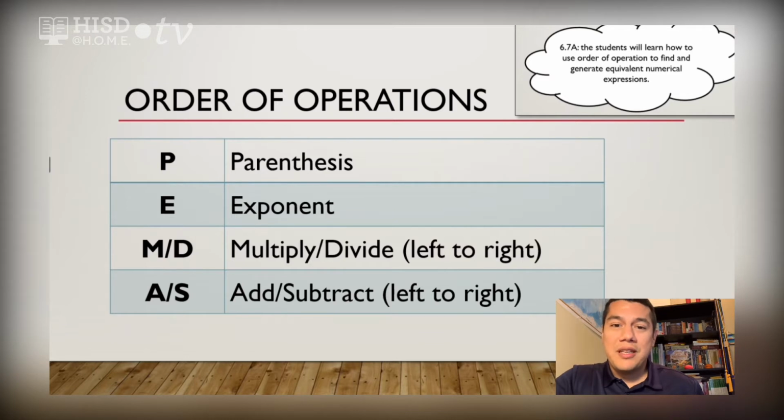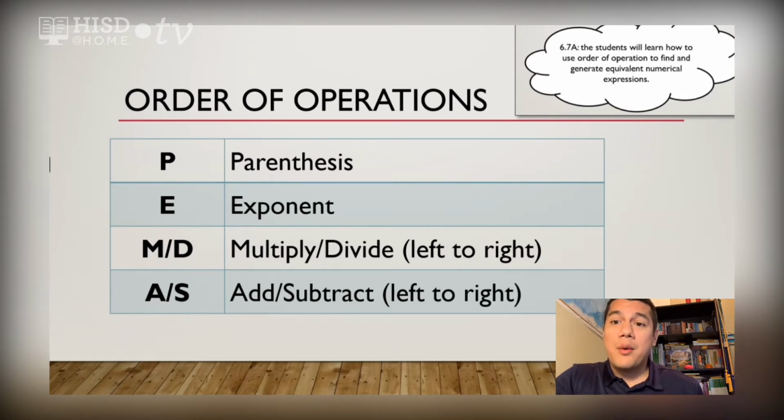After you finish that, you focus on the exponent. After that, multiplication and division have the same priority, and if they are in the same expression, you just go from left to right. And then adding and subtracting also have the same priority, and again, you just go from left to right.